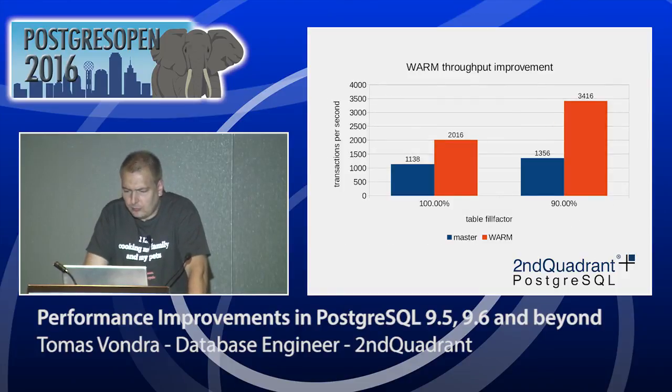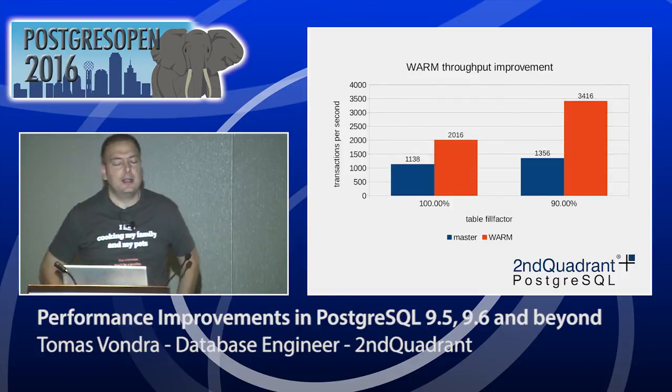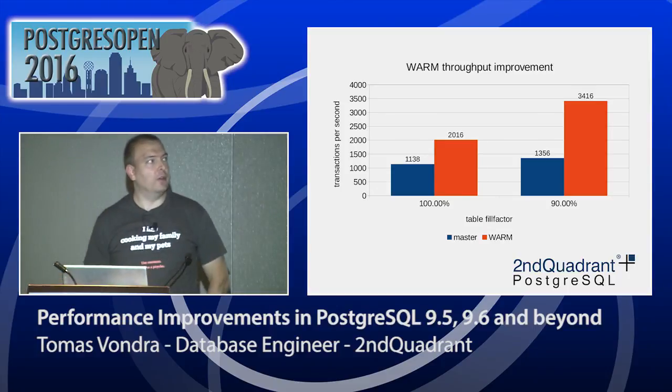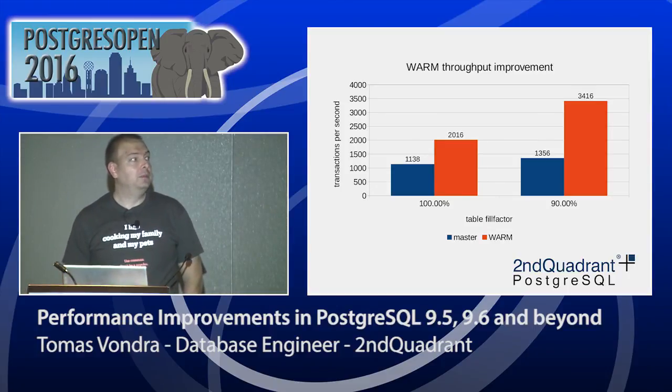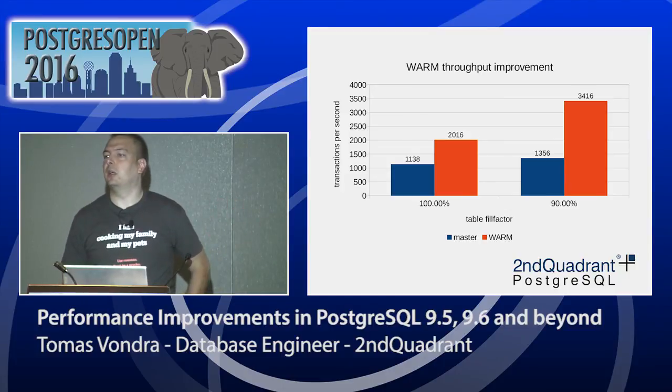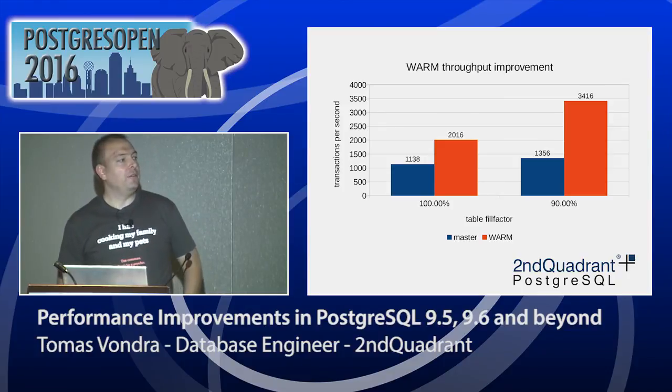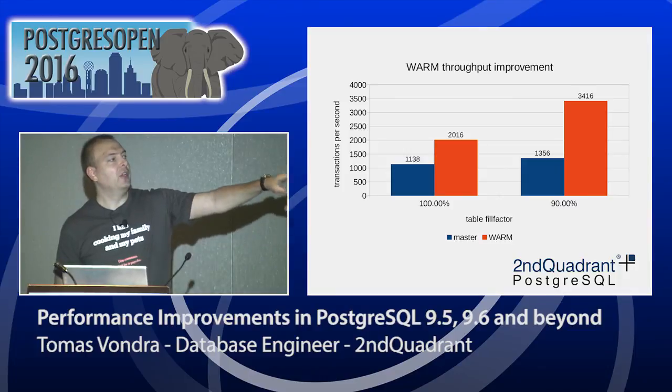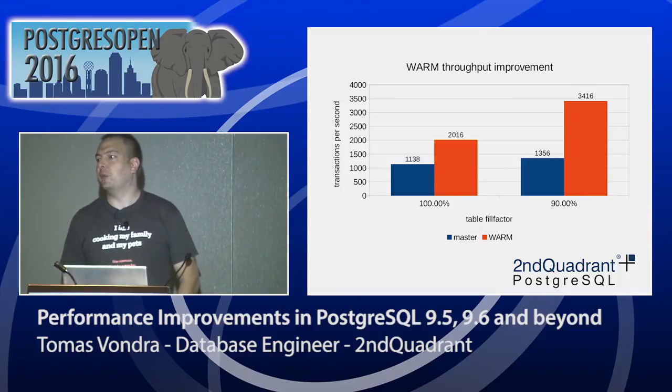And just to show you, as a last slide, an impact of WARM, this is a simple pgbench test. The number is transactions per second, right? So the higher, the better. If you use the default table fill factor, then on master, you will get like 1,100 transactions per second.